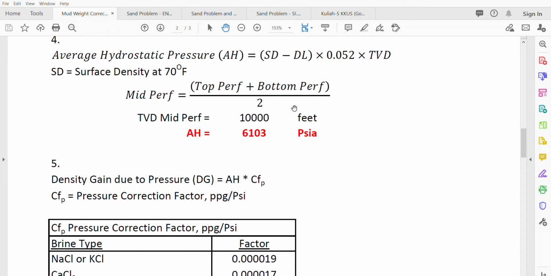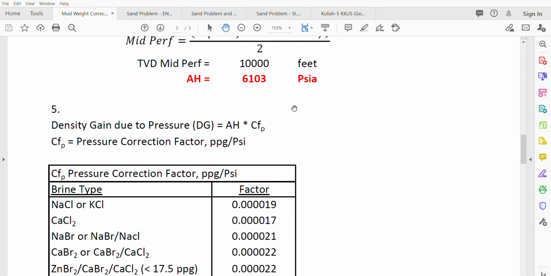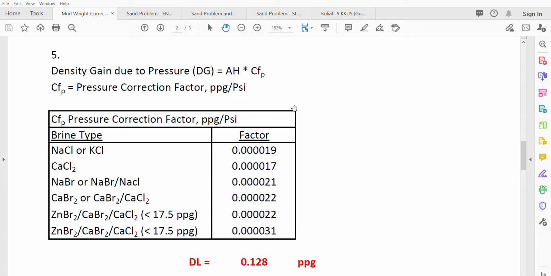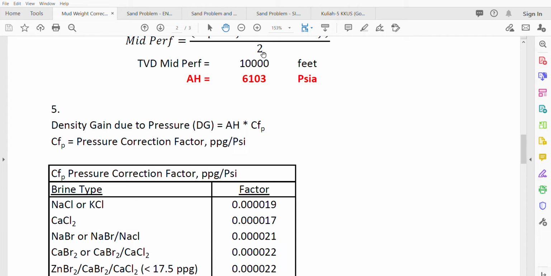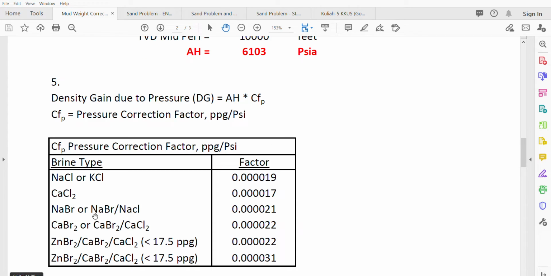And number 3, from this average hydrostatic pressure, we have a gain, which is DG. DG is 0.128 ppg, coming from this factor, 0.000021, multiplied by this AH, 5,103.